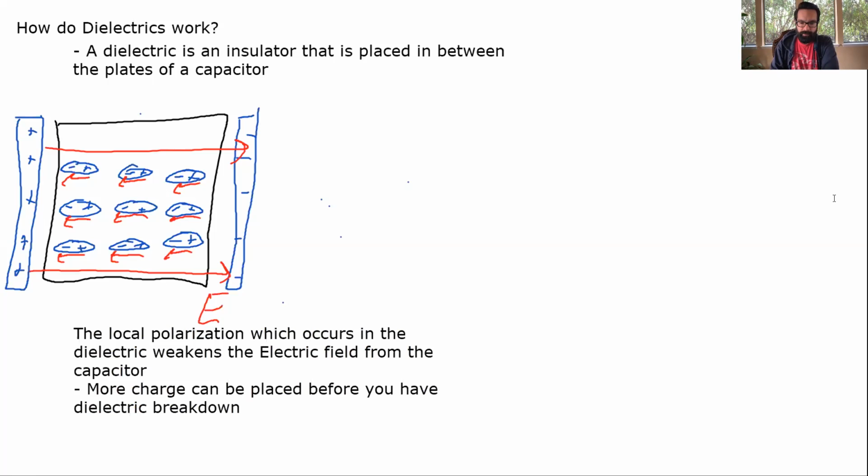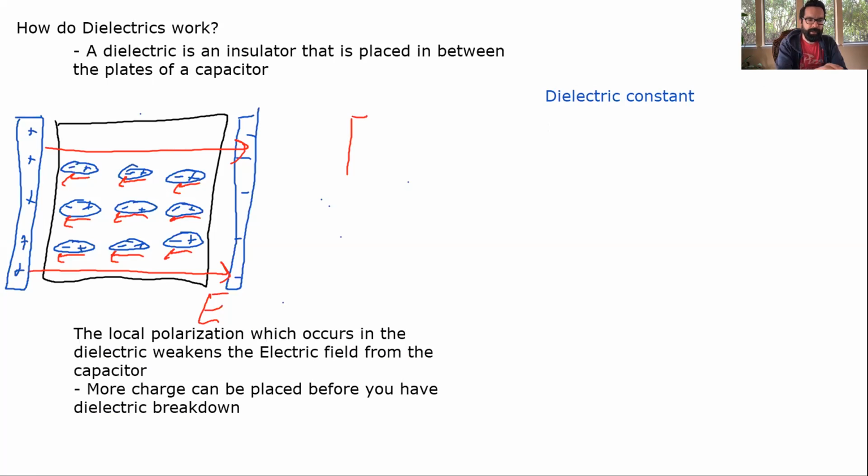Let me move stuff out of the way here. All right, we use something called a dielectric constant. So dielectric constants. Okay, so a dielectric constant takes this electric field that you see in the picture, the red electric field, and compares it to the electric field you would have in vacuum. So I'm going to draw one more picture here.